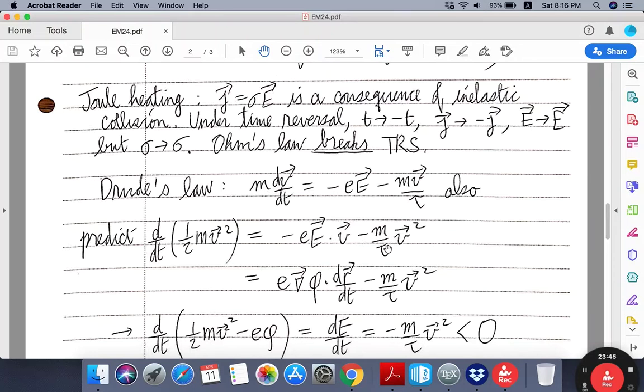So this Ohm's law, J equal to the conductivity multiplying the electric field, is fundamentally a consequence of some inelastic collision. This is a pretty big statement, so I probably have to break it down to a couple of simpler ingredients. First of all, inelastic collision means the following.